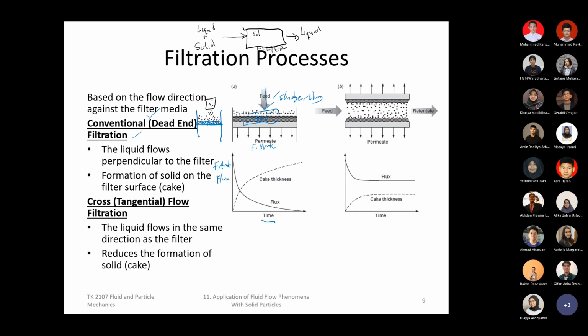The solid will be accumulated in the process. That's what causes the cake thickness to build up as a function of time. Initially it was clean, then we have more cake, and so on, because there is no way for the solid to exit the filtration. It just starts to build up and accumulate inside of the filtration.